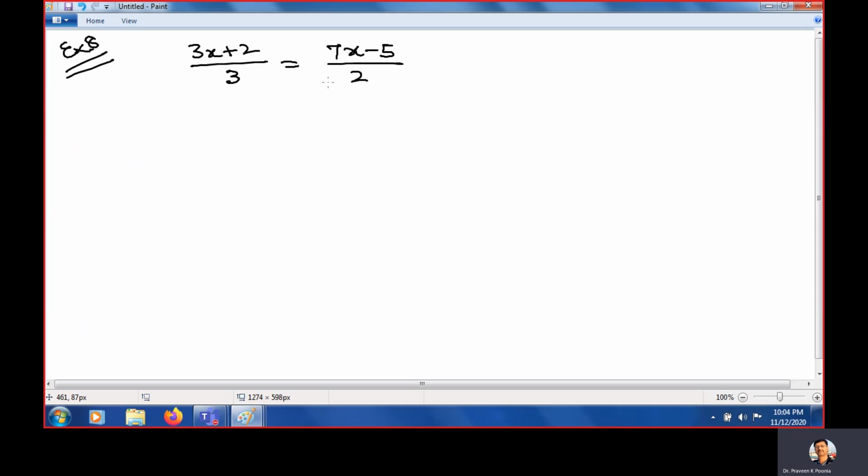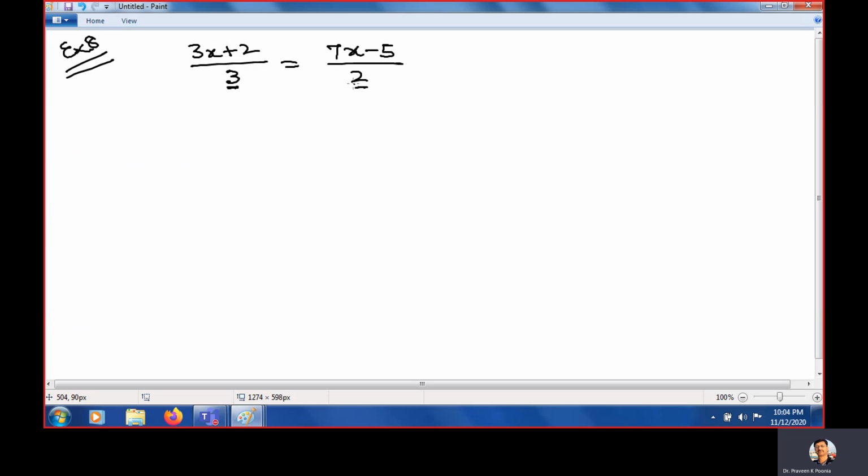Clear? Now there are two things. One thing is you need to multiply this equation by the product of these two numbers. That will be far easier. Clear? How can we do it?